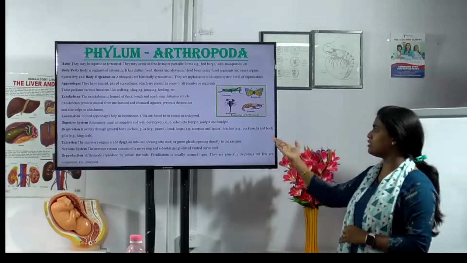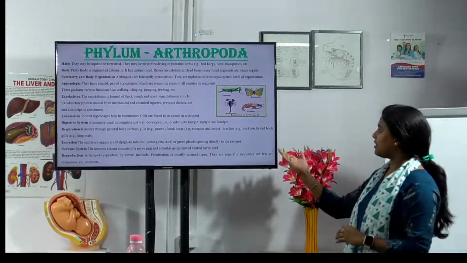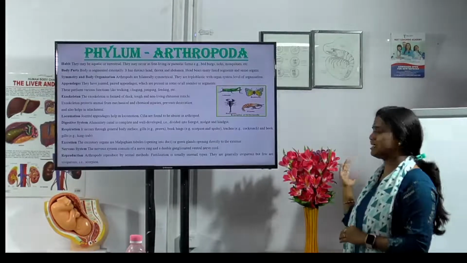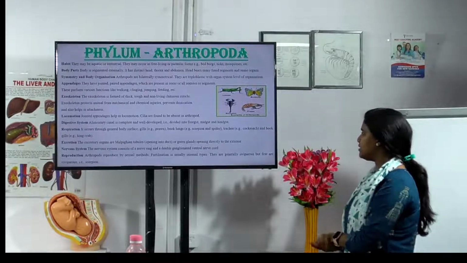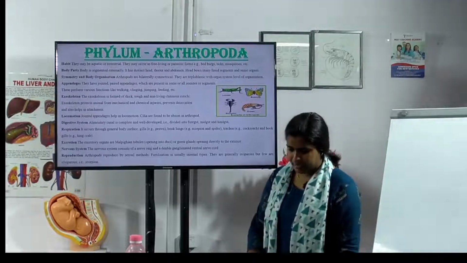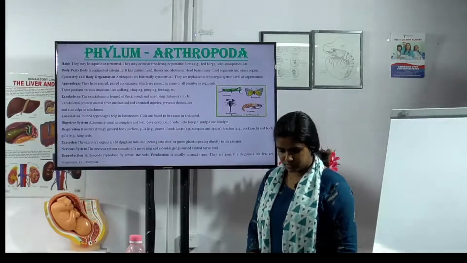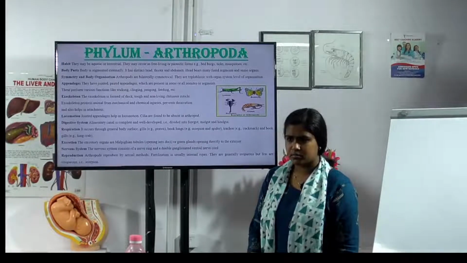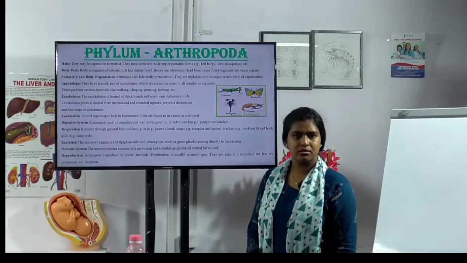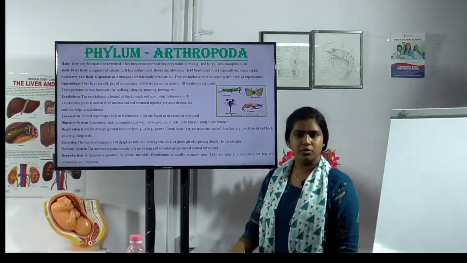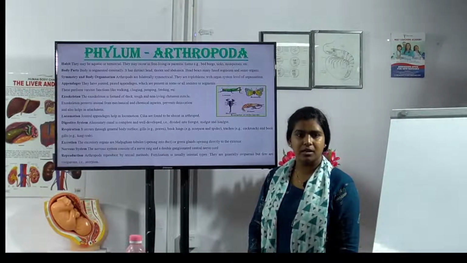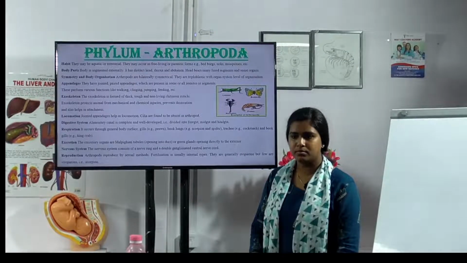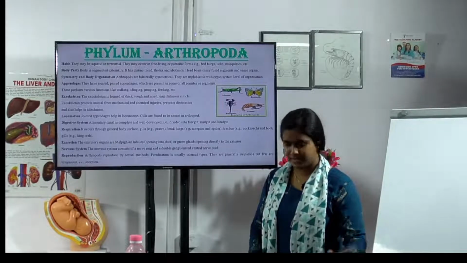The nervous system has a nerve ring and a double ganglionated ventral nerve cord. Reproduction is by the sexual method, and fertilization is usually internal. Few are viviparous. Viviparous means giving birth to young ones; oviparous is laying eggs. Some are a mix of both, with eggs and then birth, for example shark.